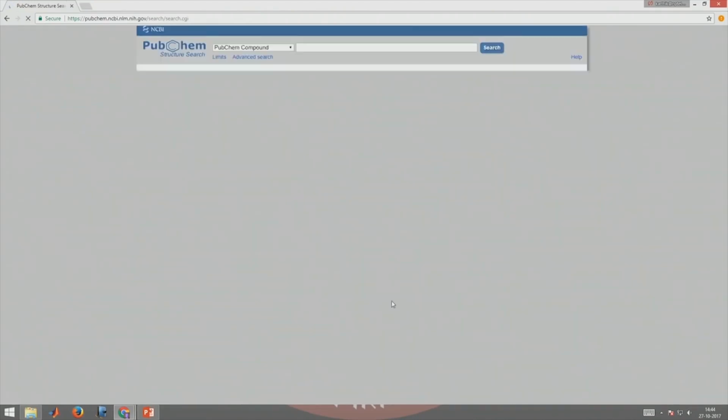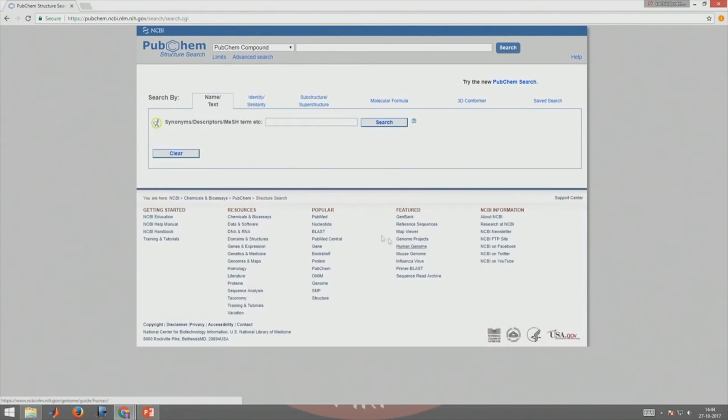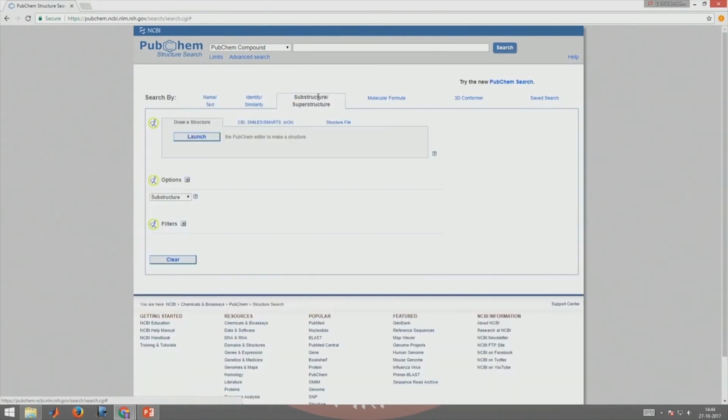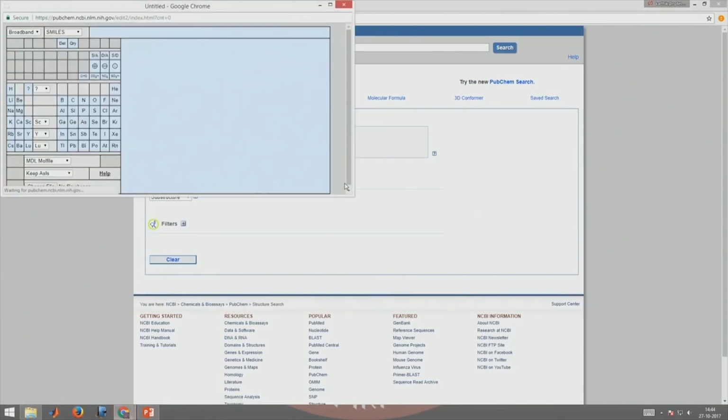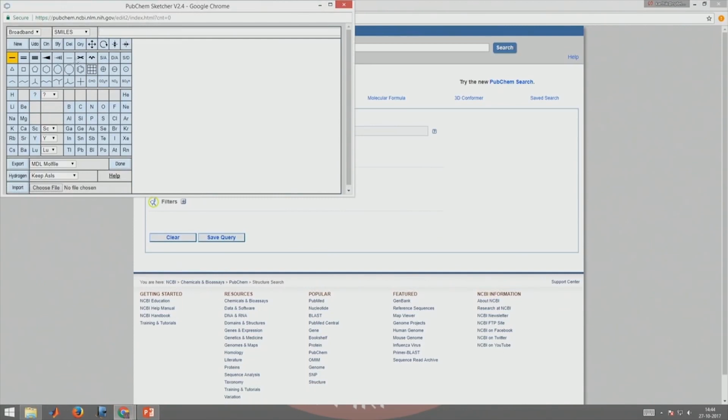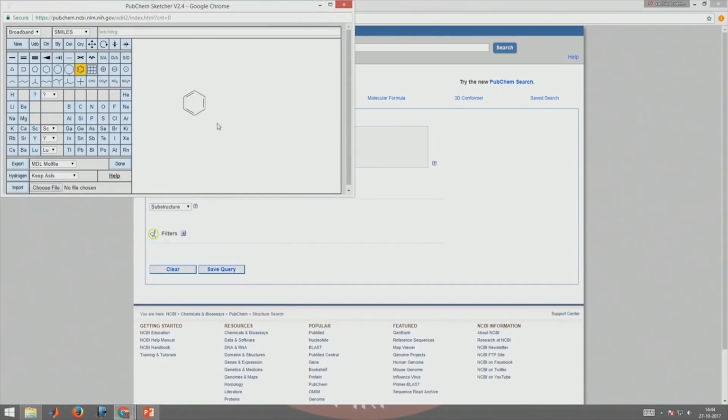Again, this also has a structure search option, so we can draw the structure. Search substructure, structure. So, we can draw structures here, as you can see. A lot of things can be done.